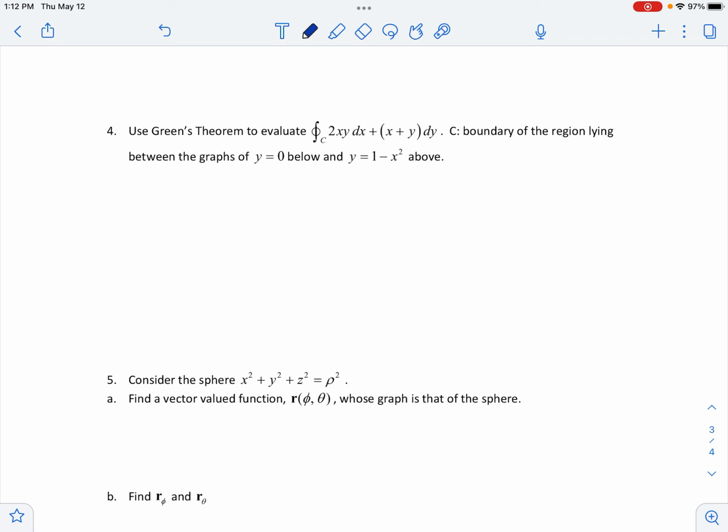And you're thinking, I bet I'll use Green's theorem on this one.